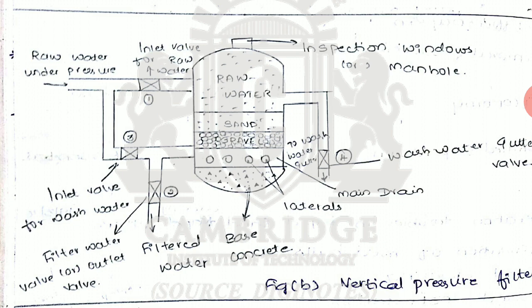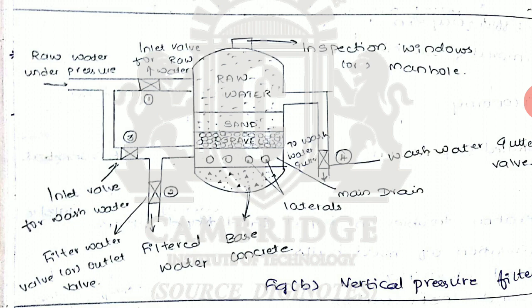When the layer is formed above the sand, made up of clay or silt from the impurities, that can be washed off, and that will be let outside through valve number 4, that is the wash water gutter.